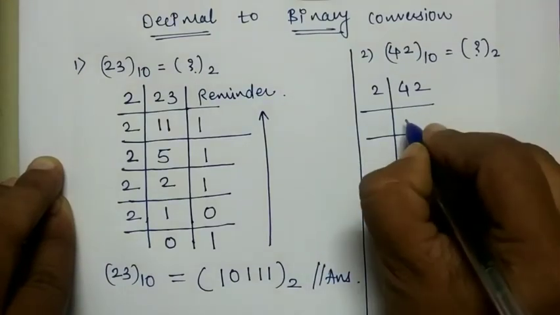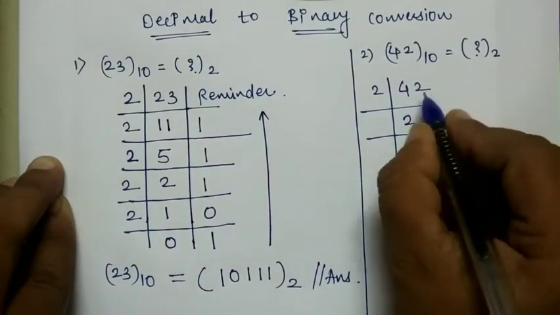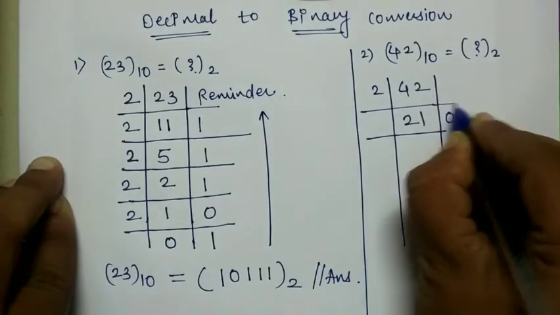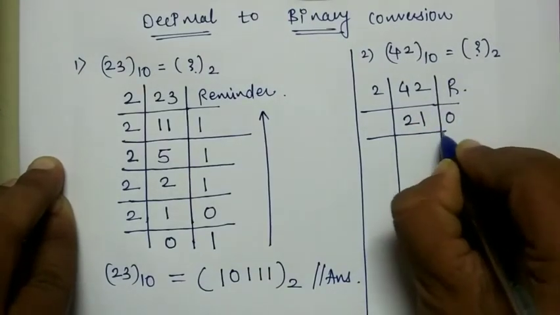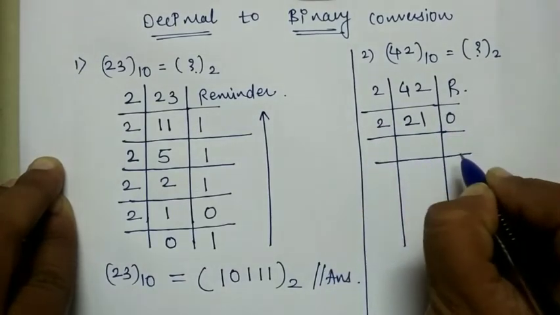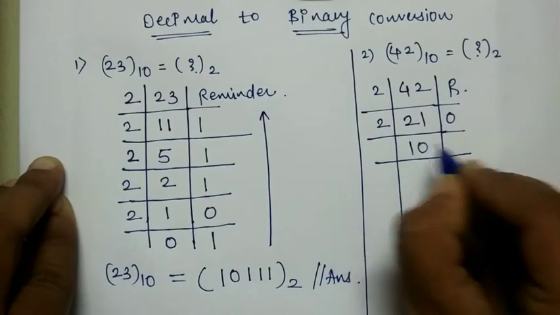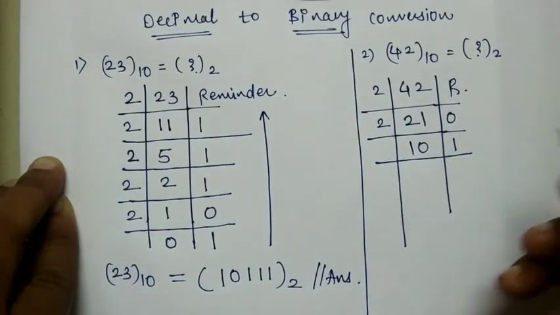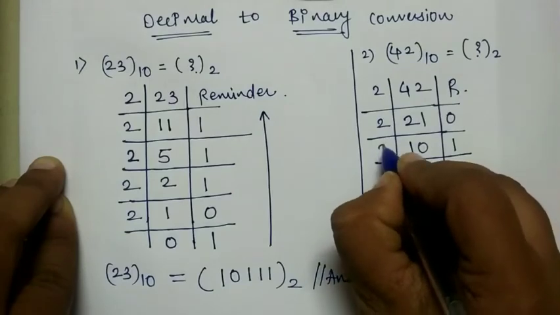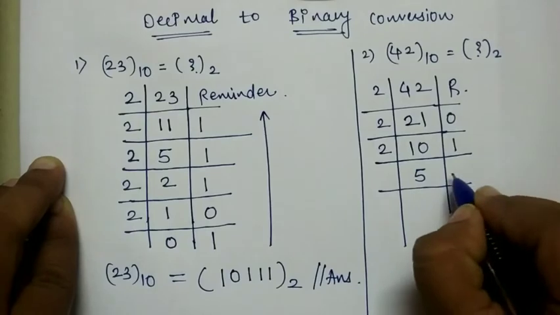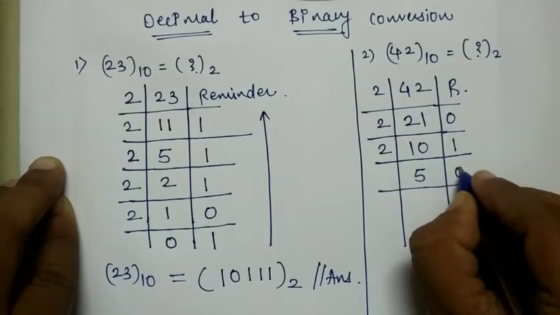The quotient here is 21 and the remainder is 0. This is a remainder. Again if we divide this 21 by 2, the quotient is 10 and the remainder is 1.